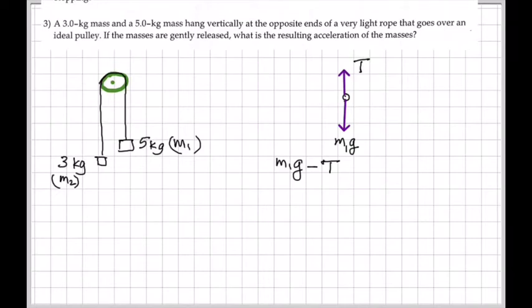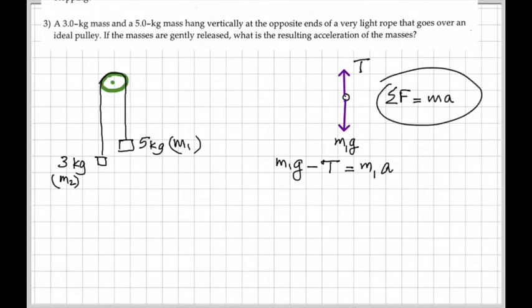Why? Because it's going down. So that's the net force, and net force should be equal to mass times acceleration, correct? Newton's second law. Net force is equal to mass times acceleration. That's what I've used.